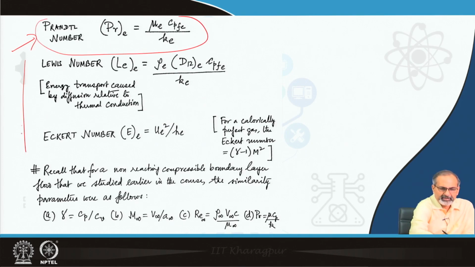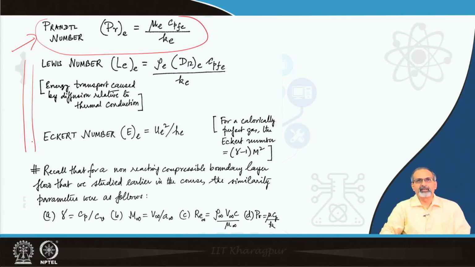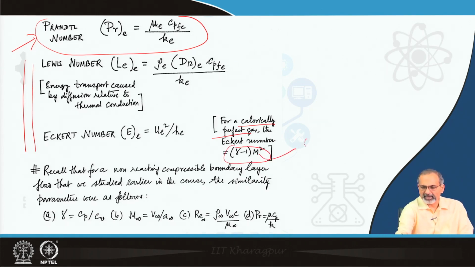The newer entities are coming next, the Lewis number, which is essentially the energy transport caused by diffusion relative to thermal conduction, and the Eckert number, which for a calorically perfect gas happens to be an expression like this, gamma minus 1 M squared. So, it is actually connected with gamma as well as M of the flow.